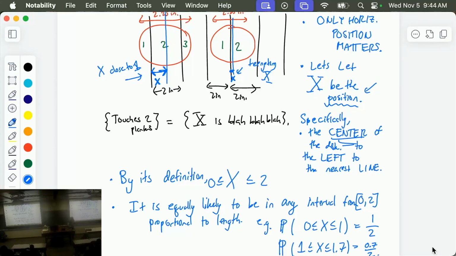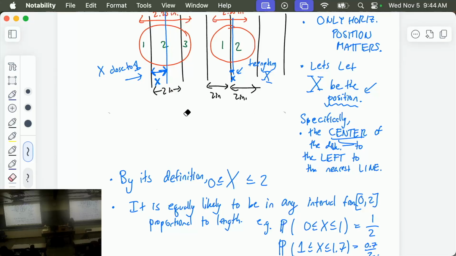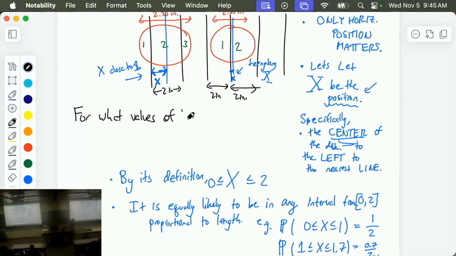So for what values of x is it touching 2? And for what values of x is it touching 3? Okay, so let's write that down. For what values of x is it touching 2? For what values is it touching 3?